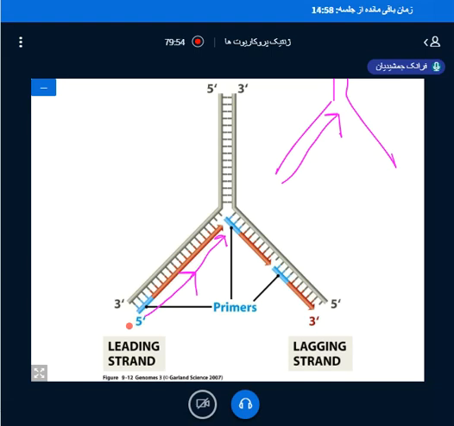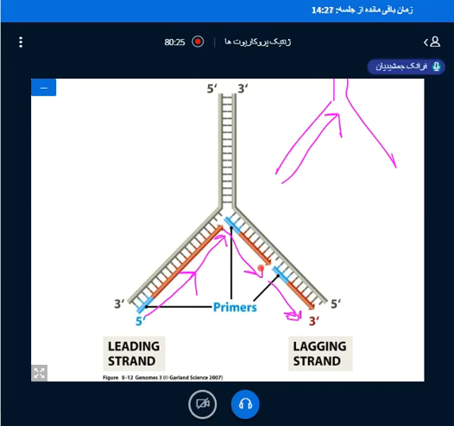And because this is 5 prime, we have 3 prime here. The direction was 5 prime to 3 prime. We have one primer here, 5 prime to 3 prime. Again, 5 prime to 3 prime.